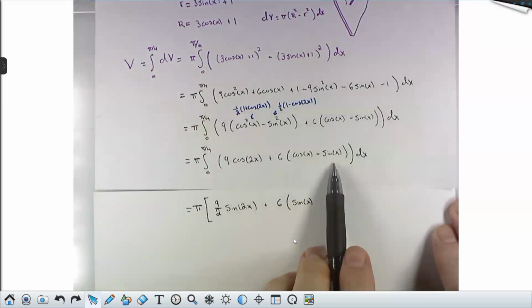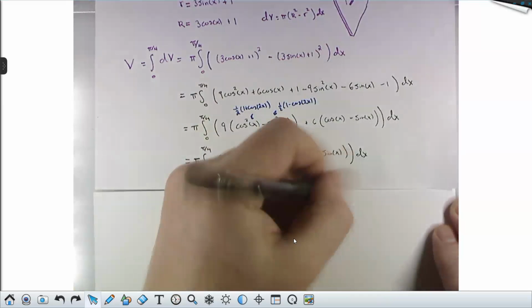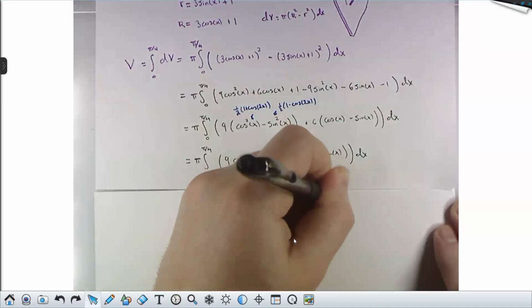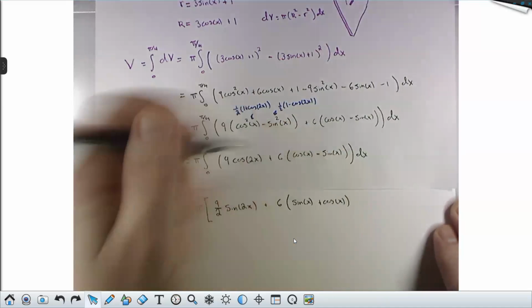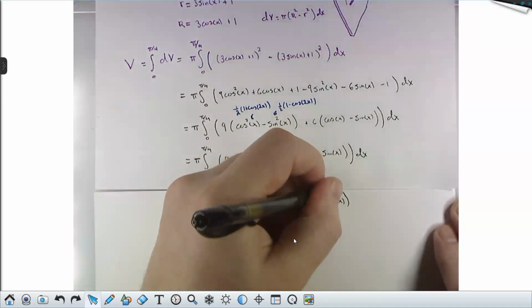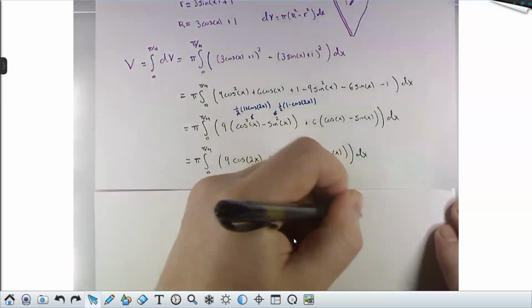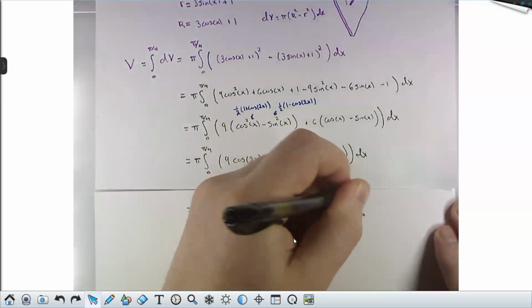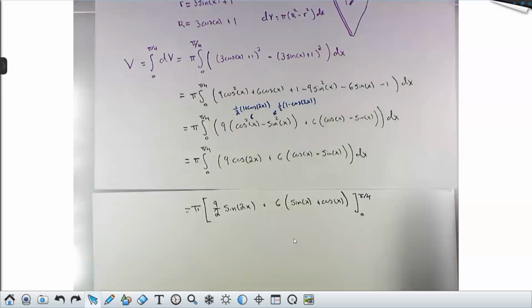The antiderivative for sine is negative cosine, so this will become a plus cos x. And all this is evaluated from 0 to pi over 4.